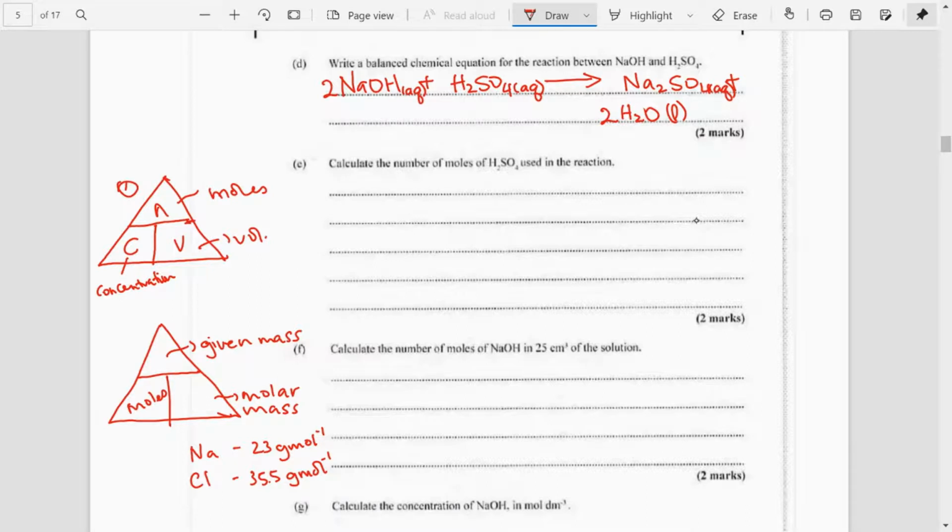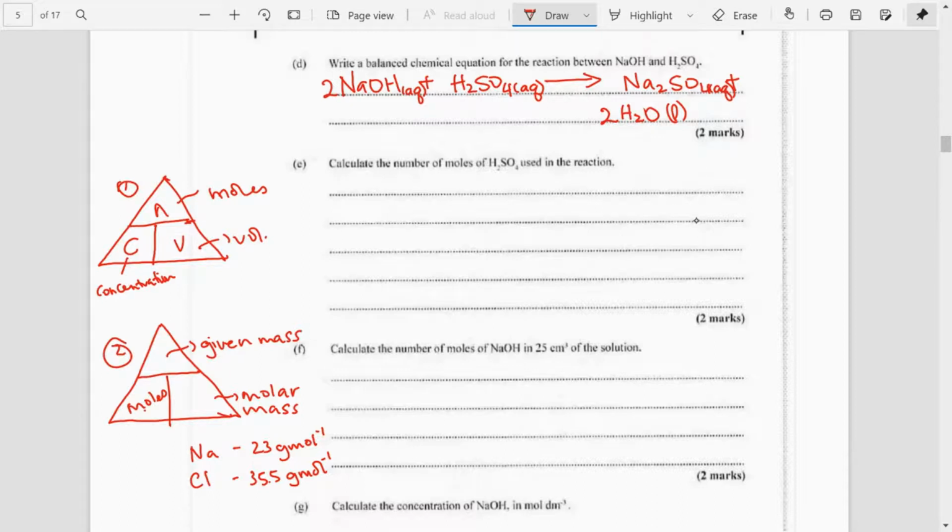It's the same principle as the first one. So if you're given a mass and you're asked to find the number of moles, it will be that given mass divided by molar mass, right? If you're given moles and you're asked to find the given mass, then that would be moles multiplied by the molar mass, right? That's why you use your triangle.